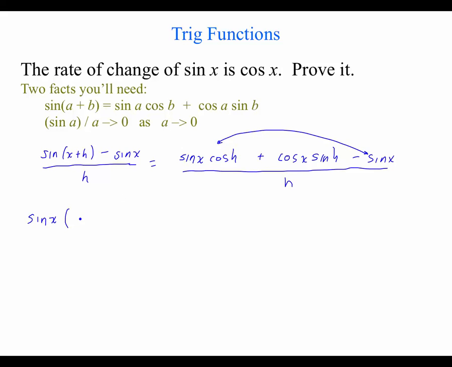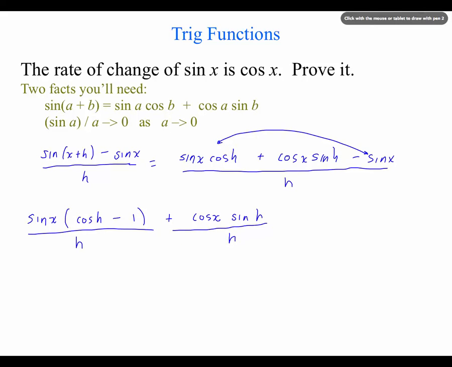So sine x times cosine h minus 1, plus cosine x sine h. And so we can take each one of those separately over h. Oh, I guess I needed to give you something else.